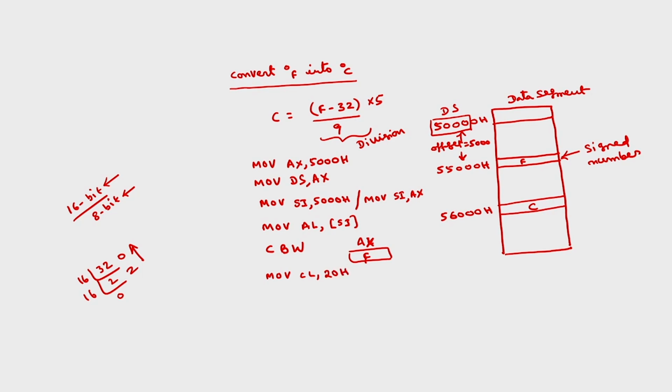This is one of the important points here. Then you have to multiply with 5. For 5, whether it is hexadecimal or decimal, both are the same. Similarly 9.